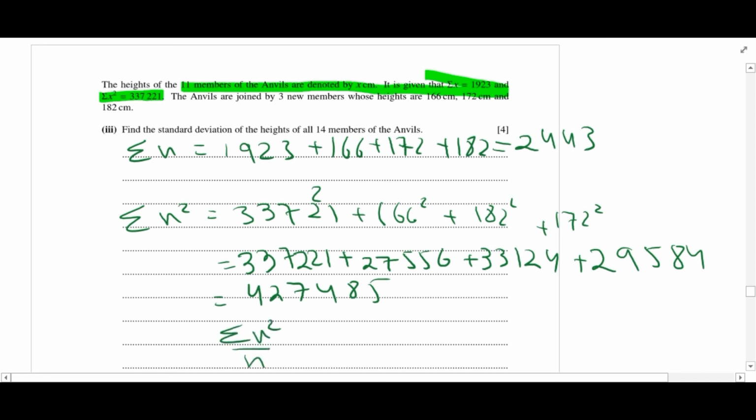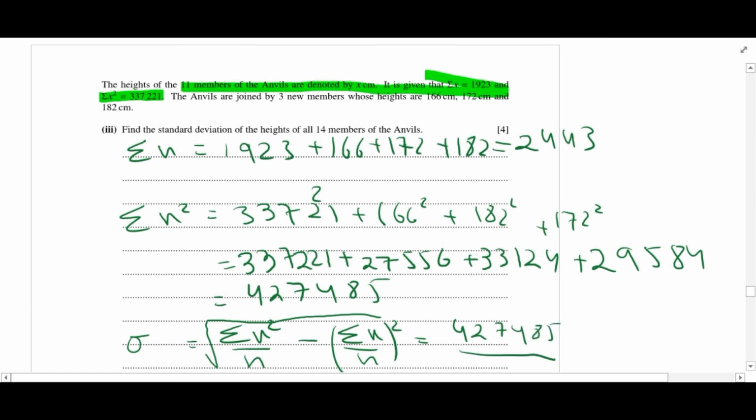Okay, I don't know if you can see that, but the other formula was summation x squared upon n minus summation x upon n whole square. This would also help you to find standard deviation.